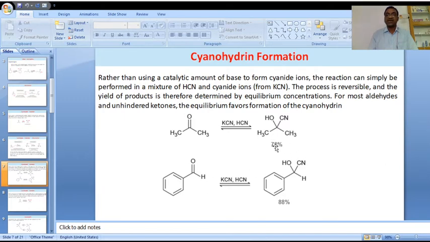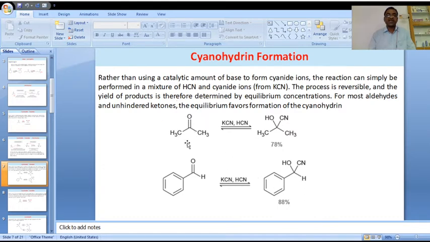The formation equilibrium favors the formation of cyanohydrin in the same way, but the percentage of yield may be different. Here cyanohydrin formation is 78% from ketones, but from aldehydes the cyanohydrin formation is 88%.